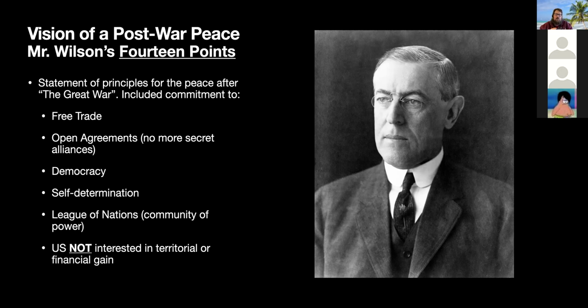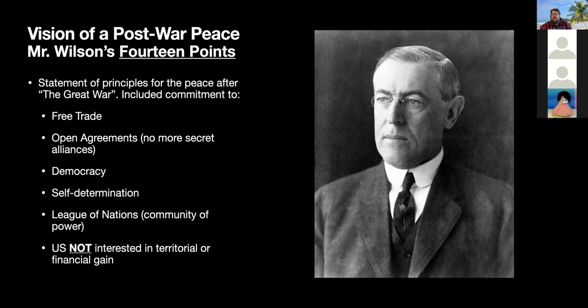Wilson was not so much for democracy and self-determination for, for example, the nations of Africa or the nations of Asia. Really not so much for that. But letting white people and white nationalities determine what their future was going to be. Incidentally, Wilson was one of the more racist people we've ever had as president of the United States. Just throwing that out there.